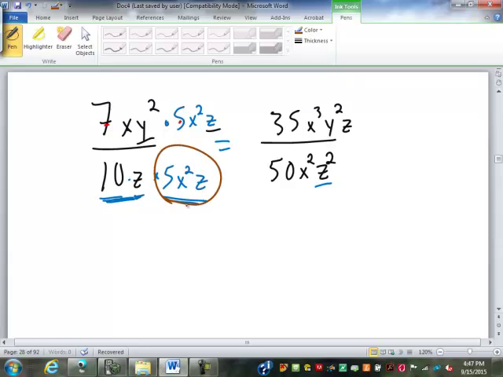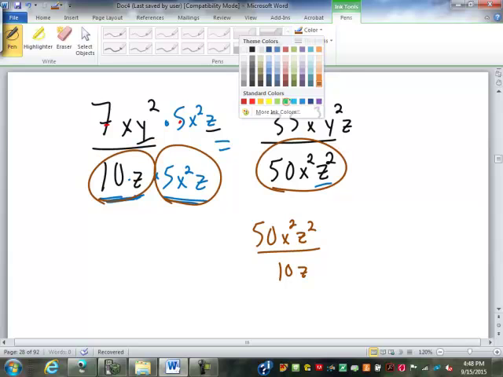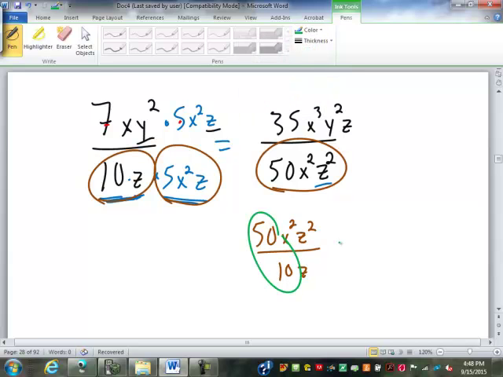Now, if you're struggling to get this part here, what you could always do is this. Take this denominator, 50x squared z squared, and divide by the old denominator, 10z. 50 divided by 10 is 5. Nothing to divide the x squared, and z squared divided by z is z.